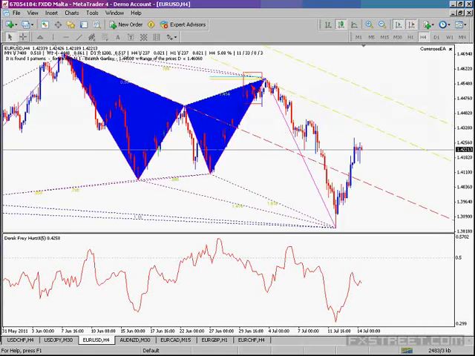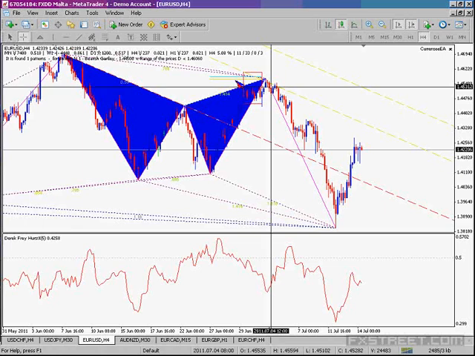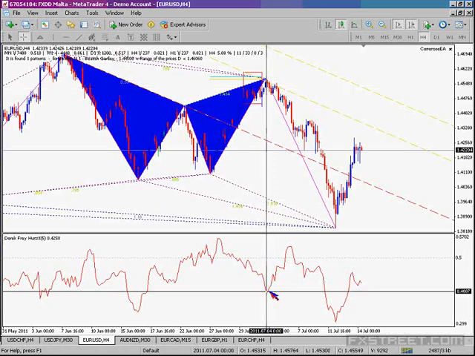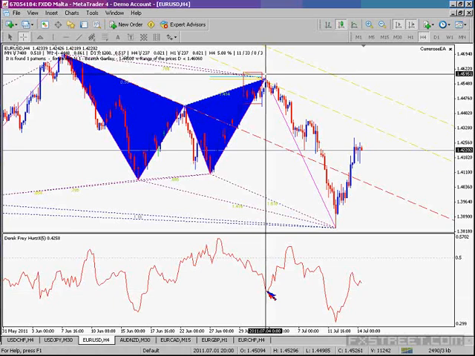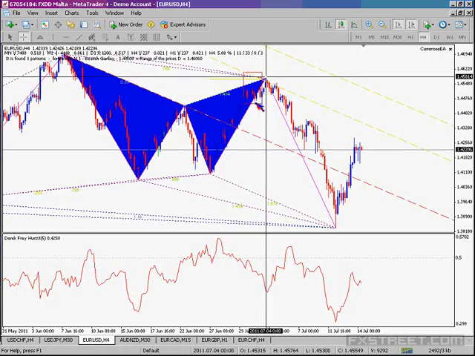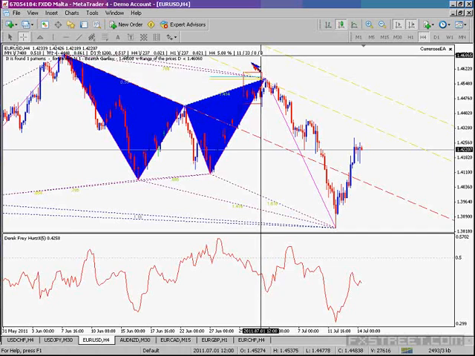So here's the euro on a 4-hour, and when we were in the PRZ, the potential reversal zone of this bearish Gartley pattern, the Hurst Exponent went to 0.40, telling you that this uptrend that had been happening was no longer likely to keep happening, and that the probability was now shifting in favor of a reversal. You have that coupled with a harmonic pattern, and you have better than 75% edge.